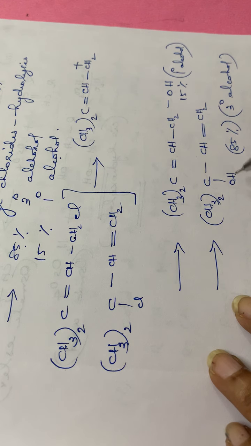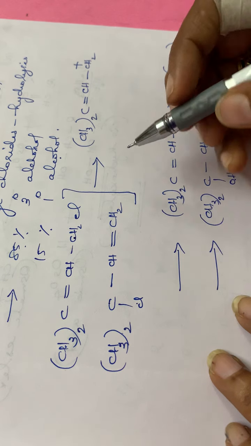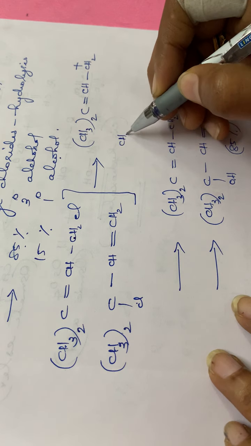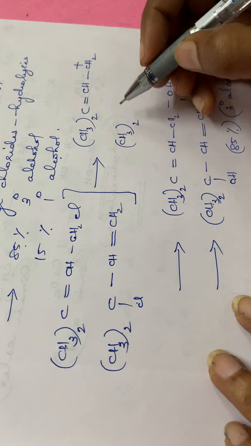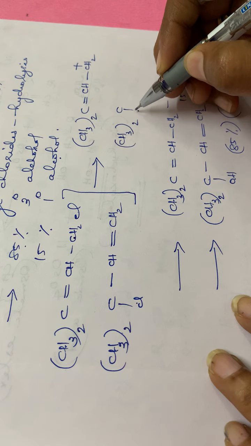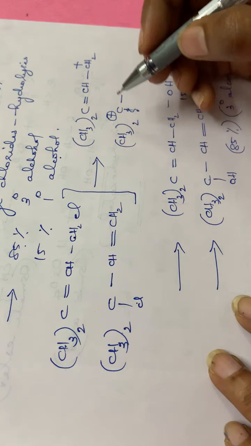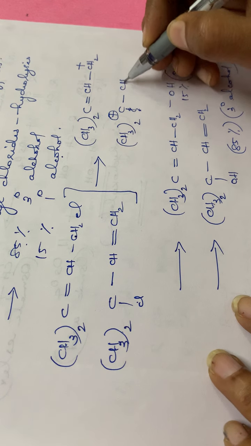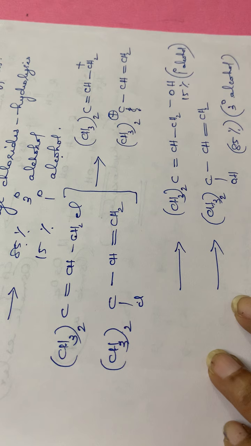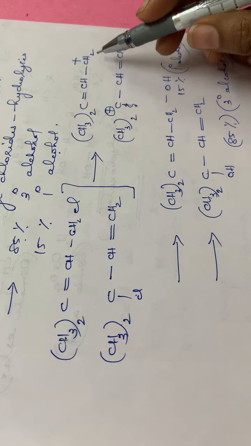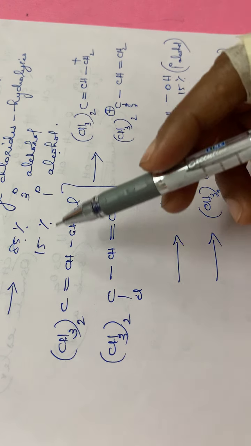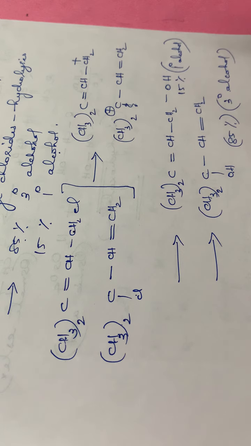It is a tertiary alcohol, therefore we can say it is a tertiary carbocation. So the intermediate will be (CH3)2C plus, so this carbon will be carrying a positive charge, single bond CH=CH2. Okay, so these are the two intermediates while hydrolyzing this allyl chloride.